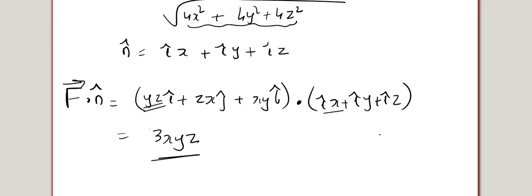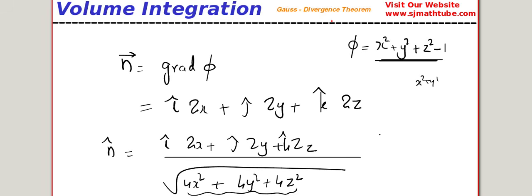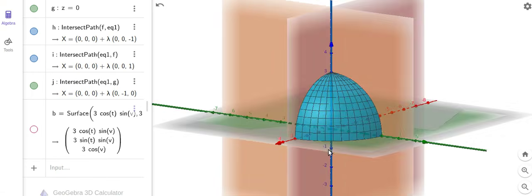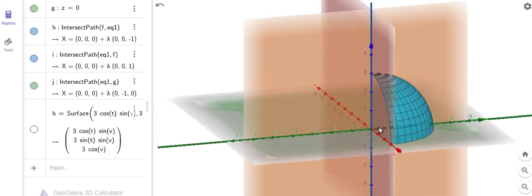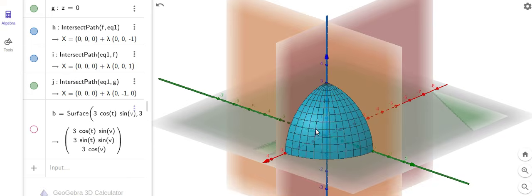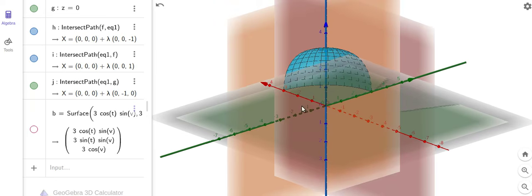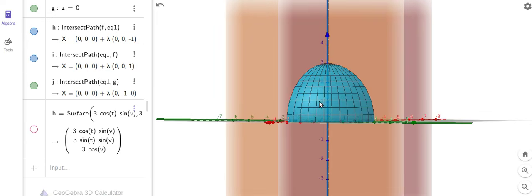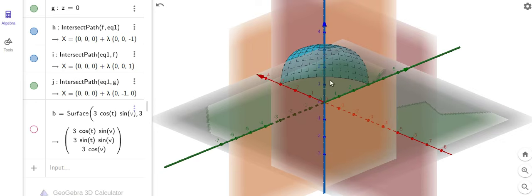And another thing, when you evaluate a curved surface, you should always project that surface either on the xy plane or on the yz plane or on the zx plane. So anyway, I'm going to project this surface on the xy plane, and you know the projection will be a quarter circle. So always remember, whenever we deal with a curved surface, to evaluate the integral, we should project it on the xy plane or yz plane or zx plane.